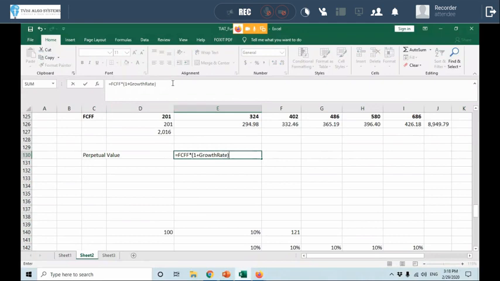Now this will be divided by my WACC, weighted average cost of capital, which I'll come to also, 10% what we have assumed right now, minus my growth rate. So this will give me my perpetual value.